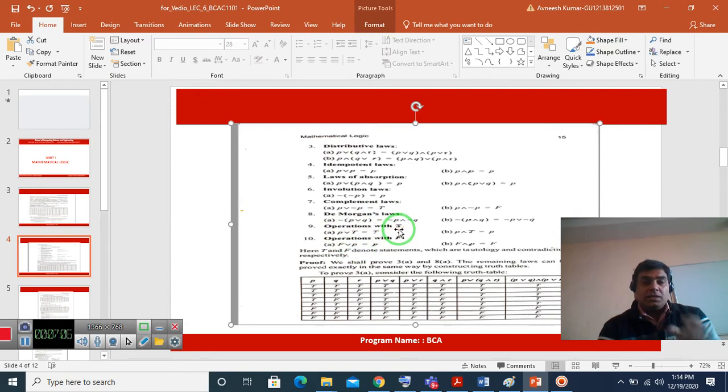Operation with T is a very big set, or F is a very small set. We should understand with the help of union and intersection. If T is a very big set and you apply the disjunction with p, p is a small sentence and T is a very big value, so for the union you will find the capital T. For p conjunction T, conjunction means the intersection, so it returns p.